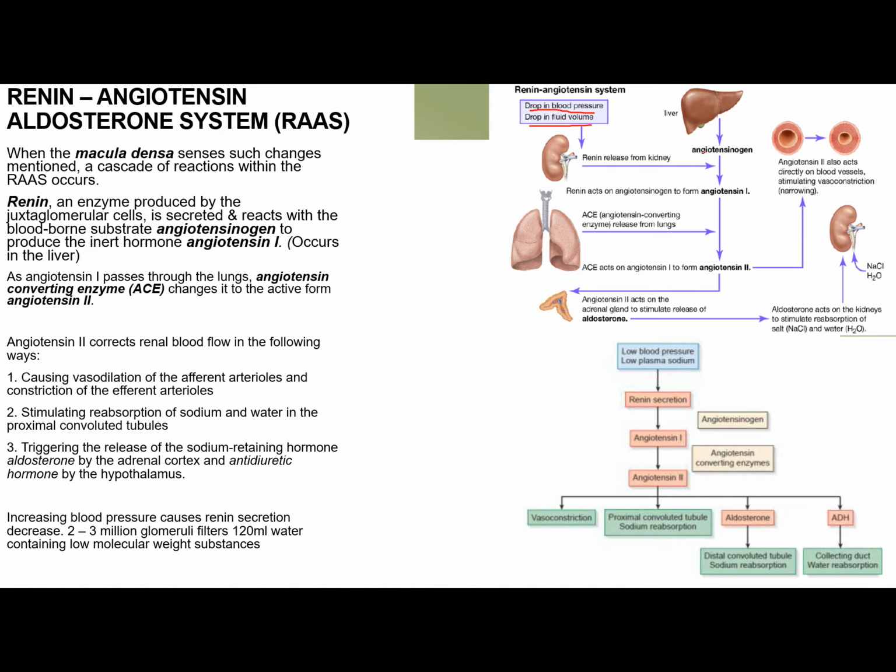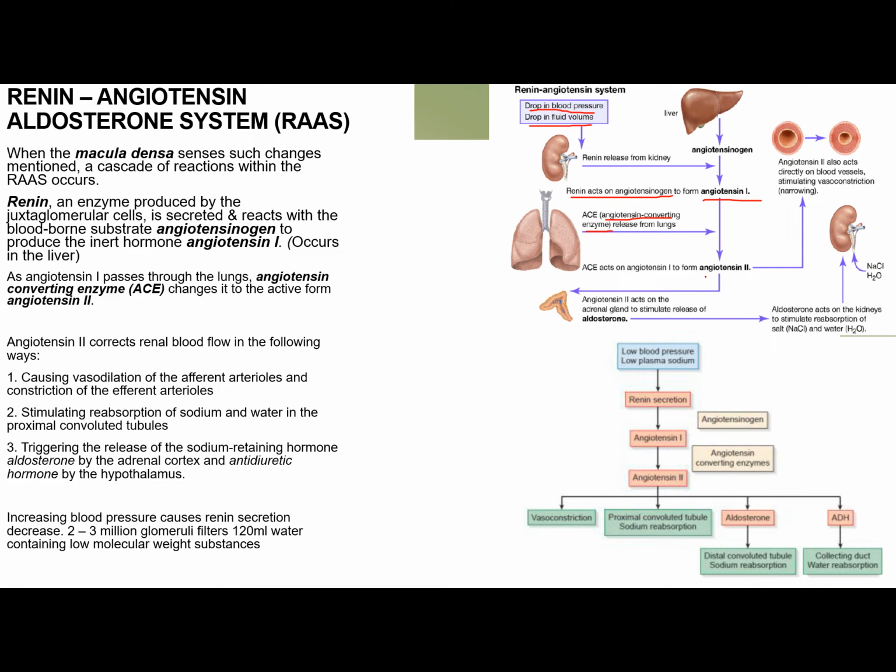And from the kidney, it will travel to the liver, where it will now encounter angiotensinogen. Renin would act on angiotensinogen to form angiotensin 1. And then angiotensin 1 will go to the lungs, encountering ACE, angiotensin converting enzyme.